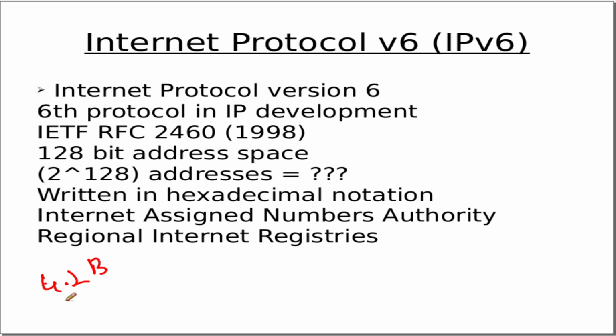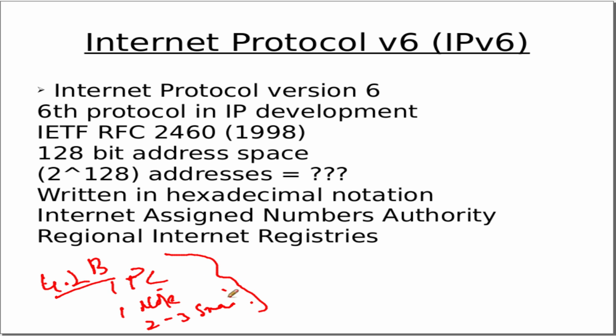Although it provides us 4.2 billion addresses, consider that almost every developed country household has at least one PC, one notebook, and at least 2 to 3 smartphones. So that will require at least 4 IP addresses, isn't it?